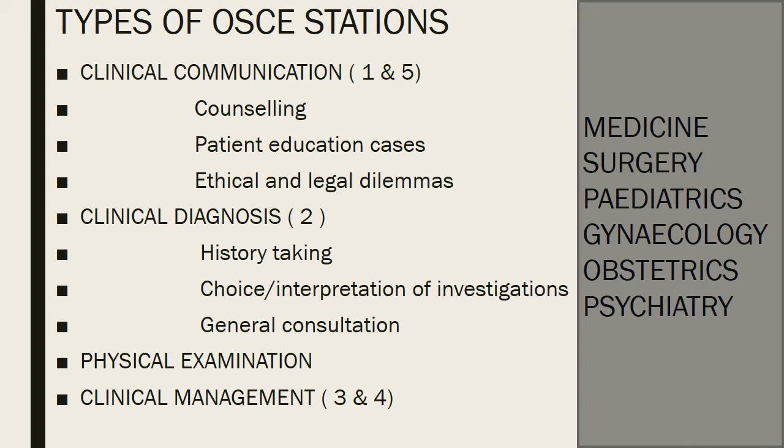Then comes your choice of investigations, which investigations you choose, or they may give you the results of those investigations and see how well you are able to interpret them. That also comes under this heading. And then based on your history or investigation, the remaining will be a general consultation where you tell your diagnosis or differentials or what your further management plan will be. This was the second type of OSCE stations.